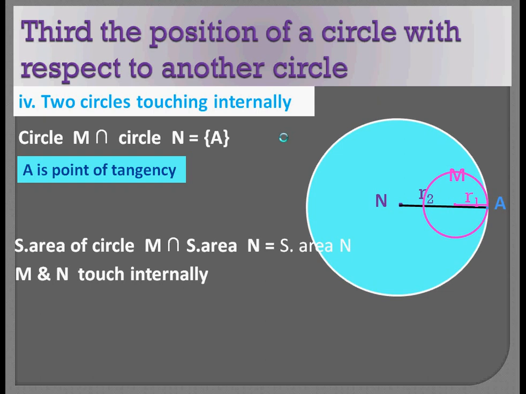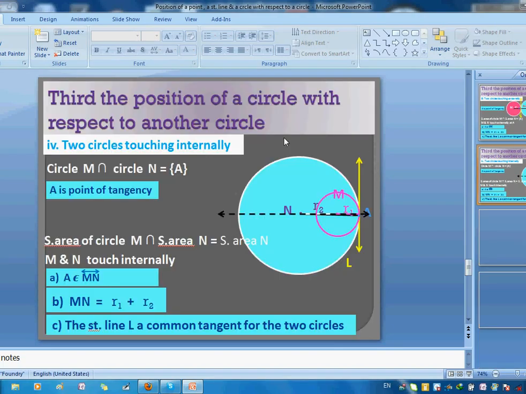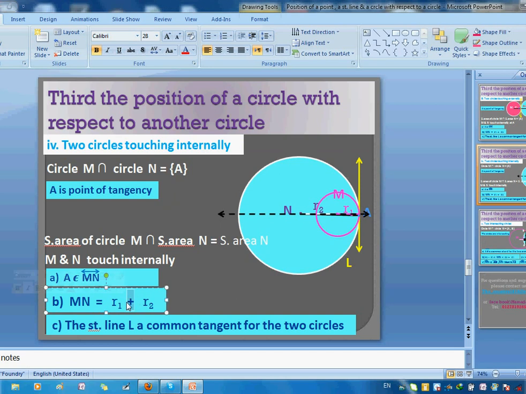We name A the point of tangency. We can say that M and N are touching internally, joined by the line of centers. A belongs to MN and A is lying on the line of centers. MN here is equal to R1 minus R2, not plus.